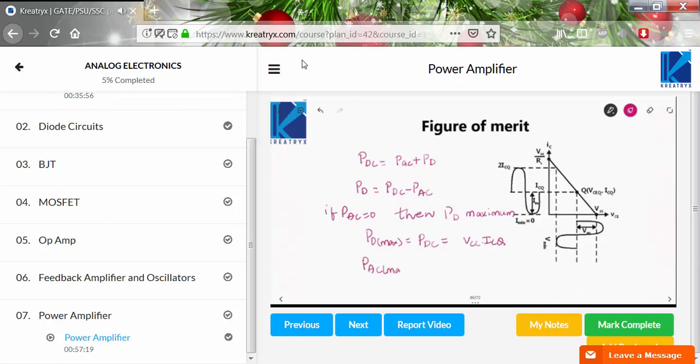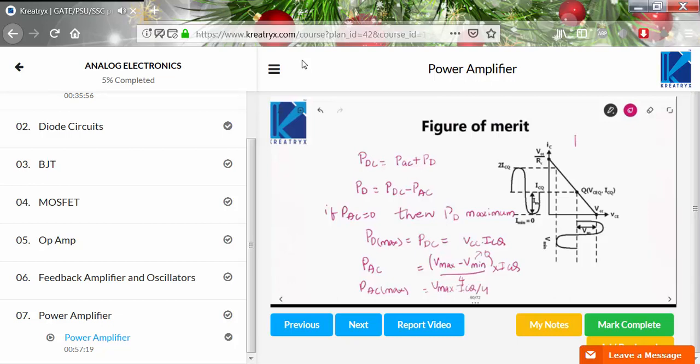First I am considering PAC. PAC is nothing but V max minus V minimum by 4 into ICQ. If PAC is max, when V minimum is 0, then it is V max into ICQ by 4.